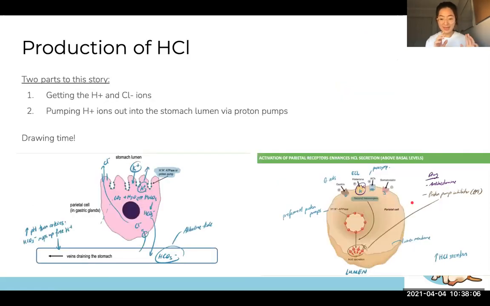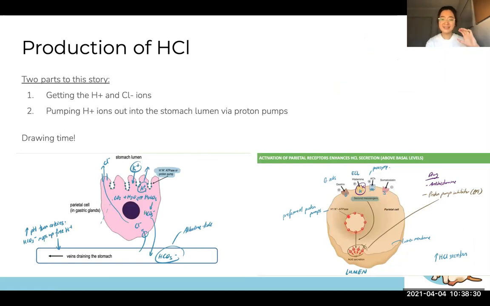With regards to how hydrochloric acid is actually produced, there are two parts to the story. First, we are going to talk about how we actually get proton pumps embedded within the lumen. Your proton pumps are actually preformed and they exist inside your parietal cell. But obviously, if they're in the middle of the cell, they're not going to be pumping anything anywhere, because you'll just be pumping stuff around in the cell.